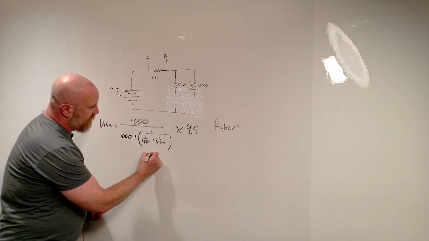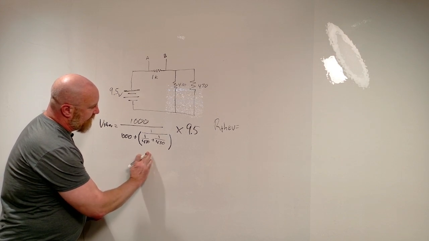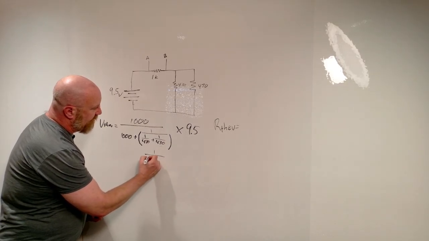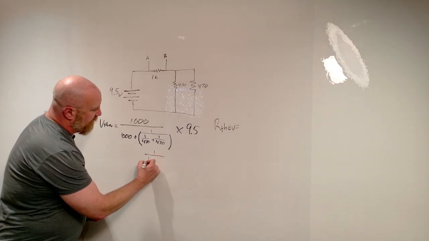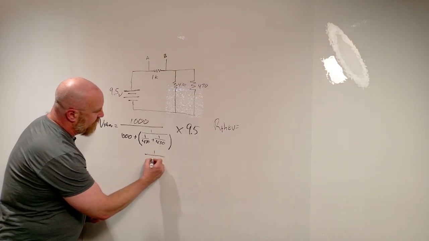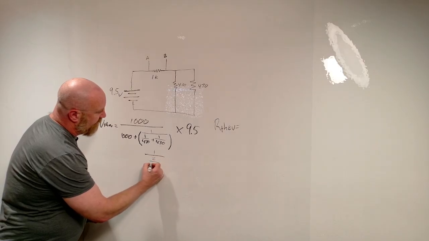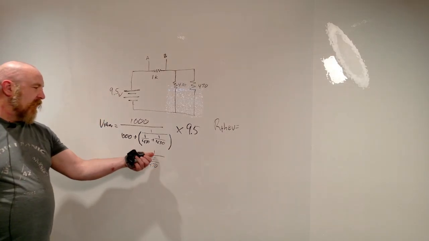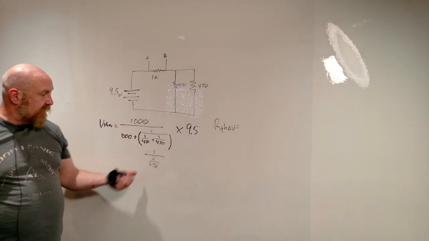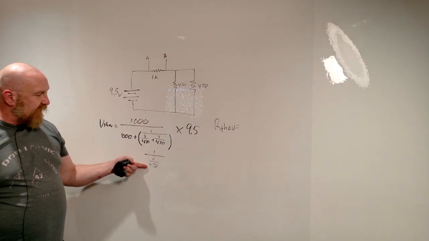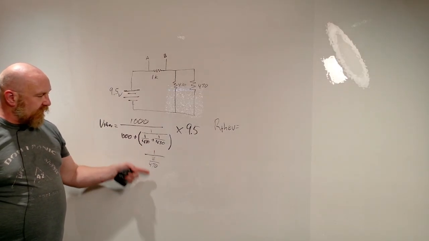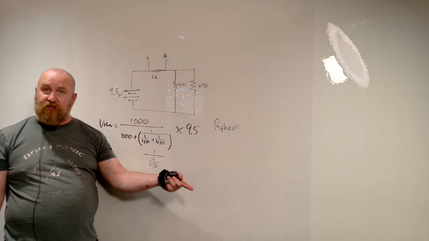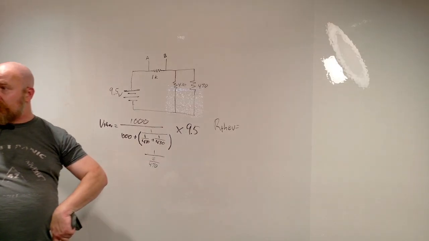That's going to be 1 over 2 over 470. And since that 1 over just means taking the inverse, 1 over 2 over 470 is essentially equal to 470 divided by 2.